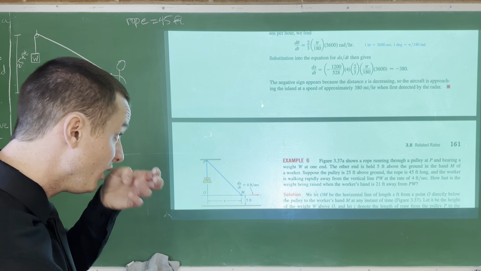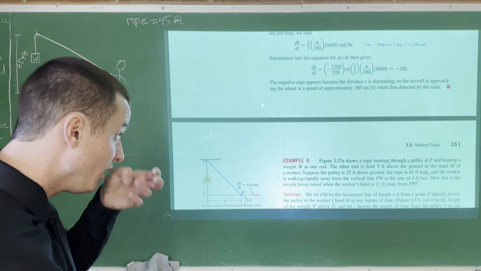How fast is the weight being raised when the worker's hand is 21 feet away? So we're looking for it when x is equal to 21. I think we got all our information from this problem. I am looking for how fast the weight is going up.